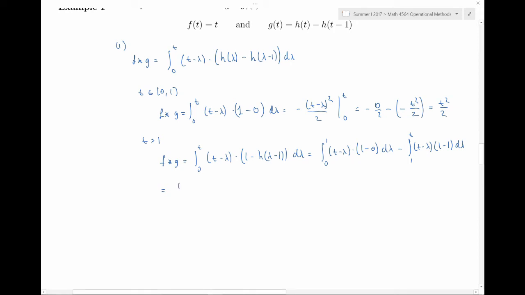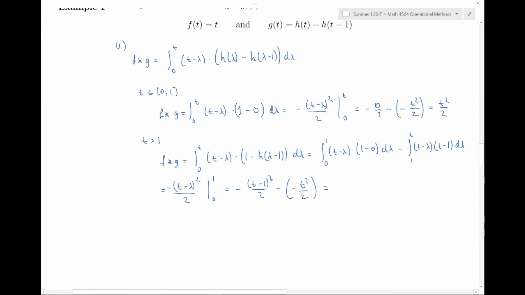So as before, the antiderivative is t minus lambda squared over 2 with a negative sign, evaluated from 0 to 1. When we plug in 1, we get minus t minus 1 squared over 2 minus minus t squared over 2.